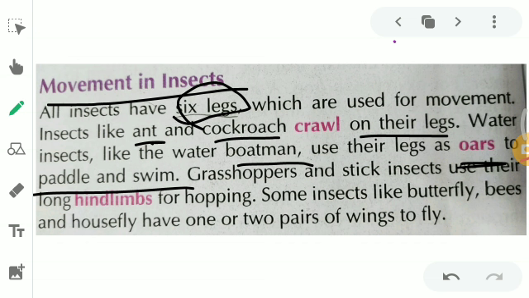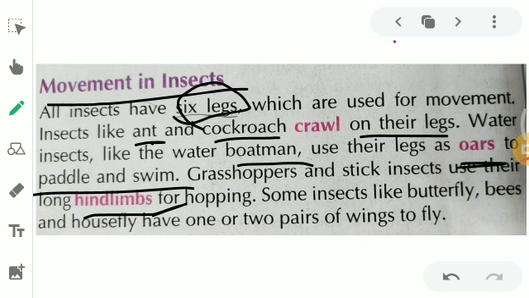Next one, grasshopper. So how can it move? Grasshoppers and stick insects use their long hind limbs. Long hind limbs means legs which are located at the back side of the body. Those are hind limbs, and they help for hopping.